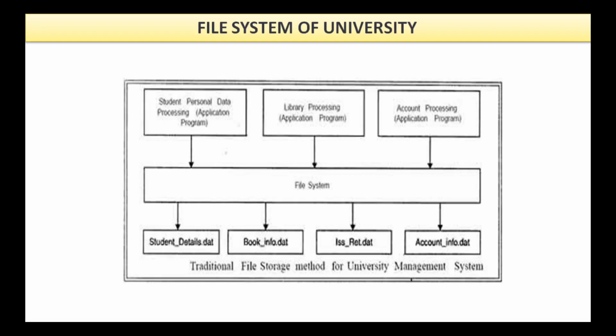The student personal data processing application program is used to maintain the student details, and the library processing application program is used to maintain books information, and also issues and returns of books. And the account processing application program is used to maintain accounts information like fee paid details, salaries paid details, like that.